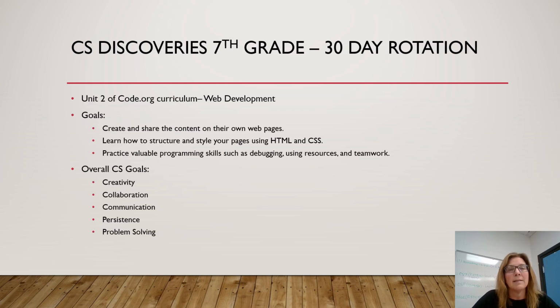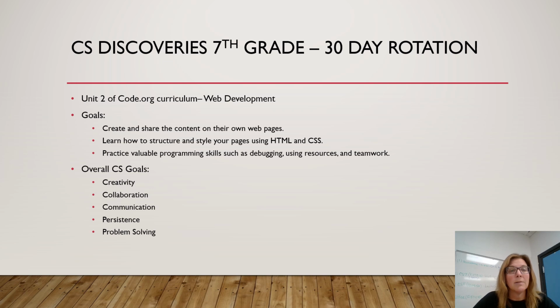First, CS Discovery 7th grade is a 30-day rotation, and we concentrate on web development. I did teach in the elementary in previous years and last year, but we did not get very far with web development, so I thought it best that we start from scratch so we can work on creating a website, which is what the kids are doing right now.